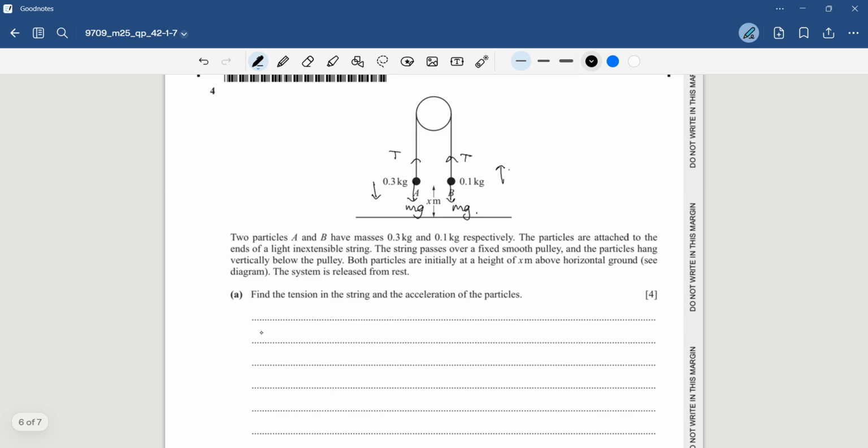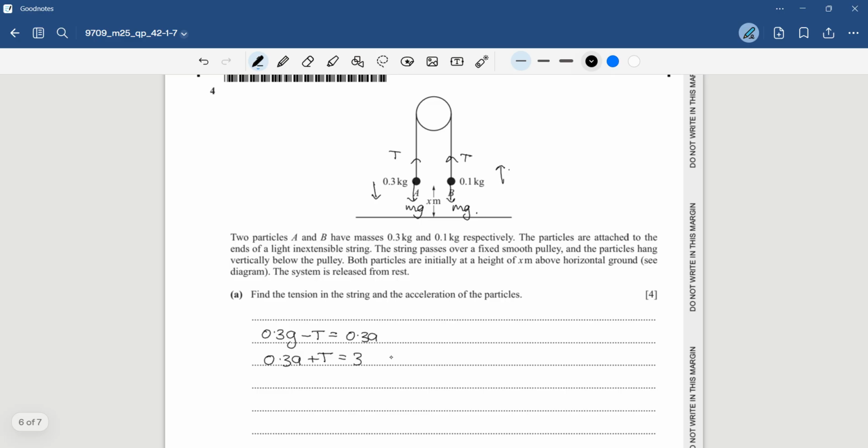So it should be 0.3g minus T equivalent to 0.3a. So weight minus tension. Therefore you can rearrange: 0.3a plus T equal to 3, since g equals 10.